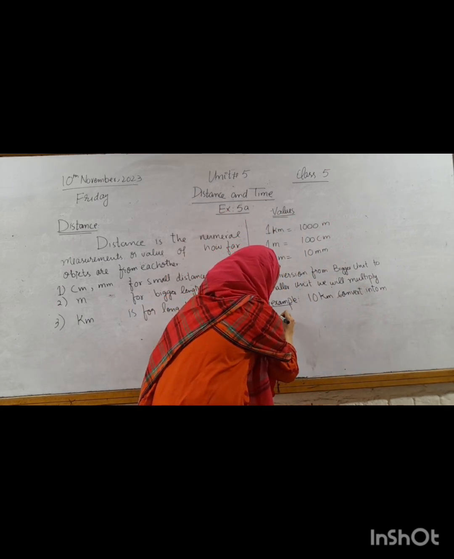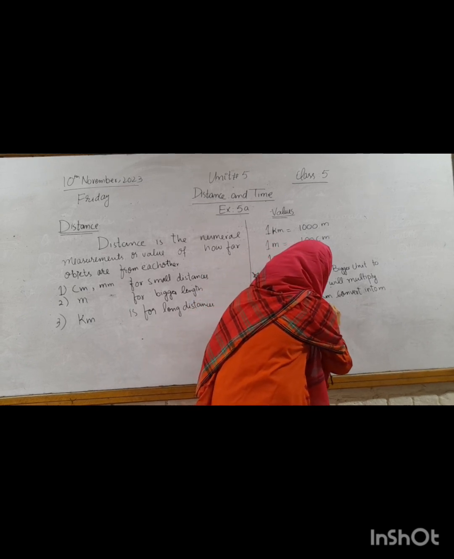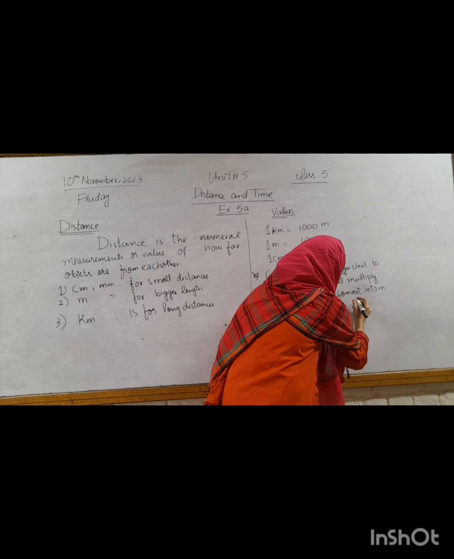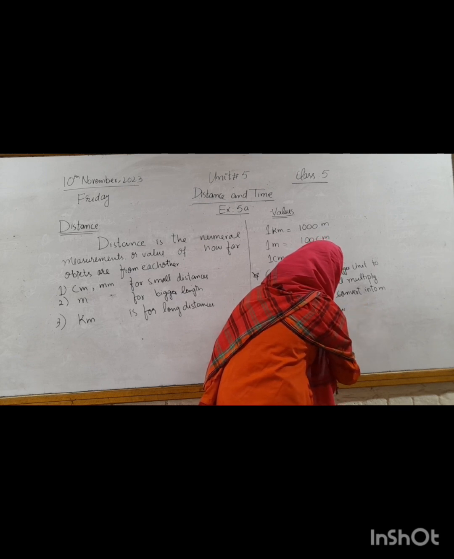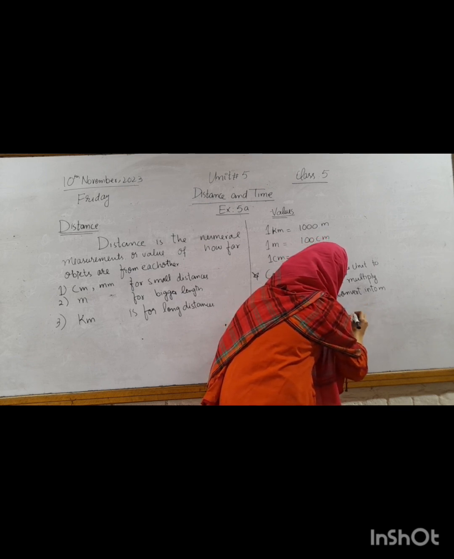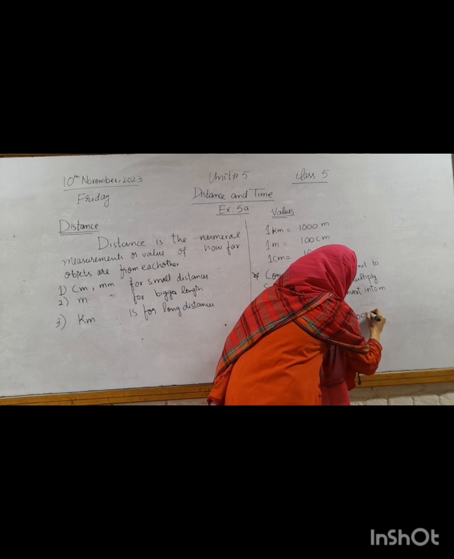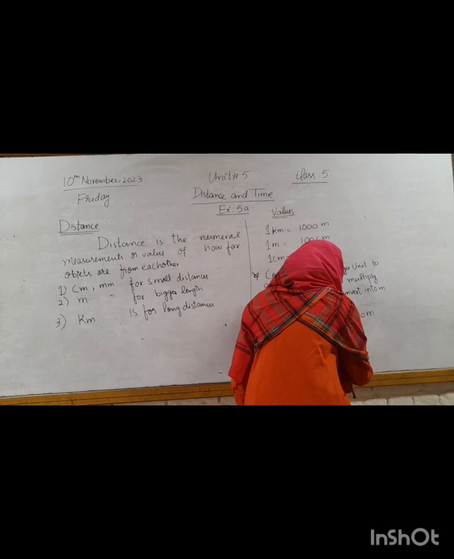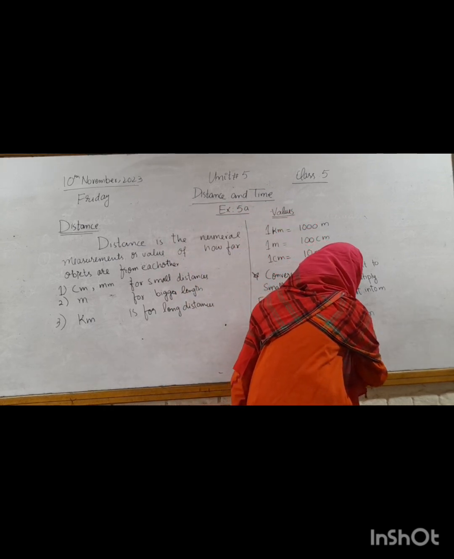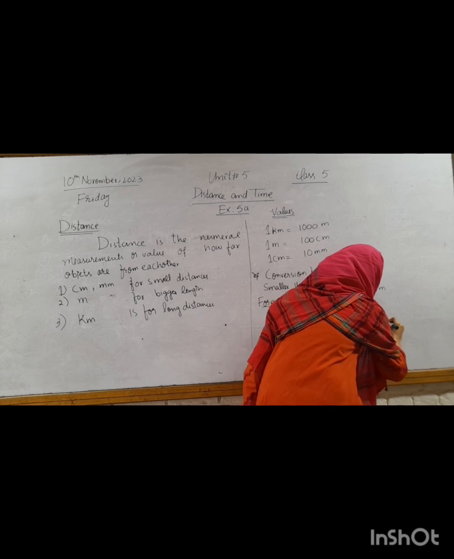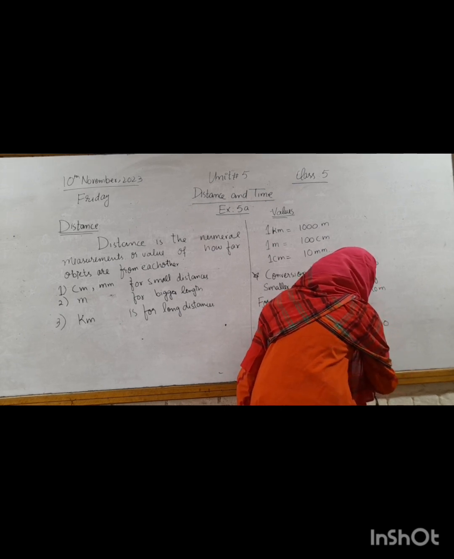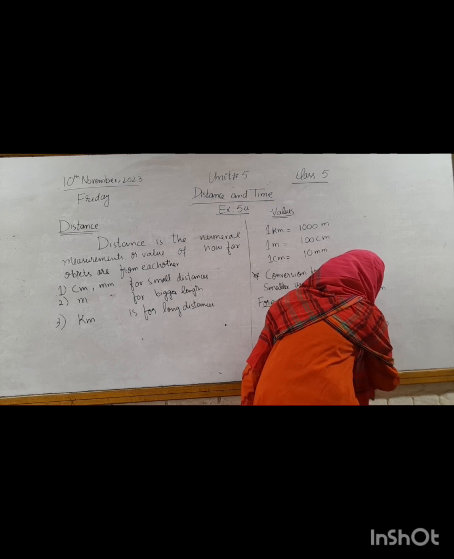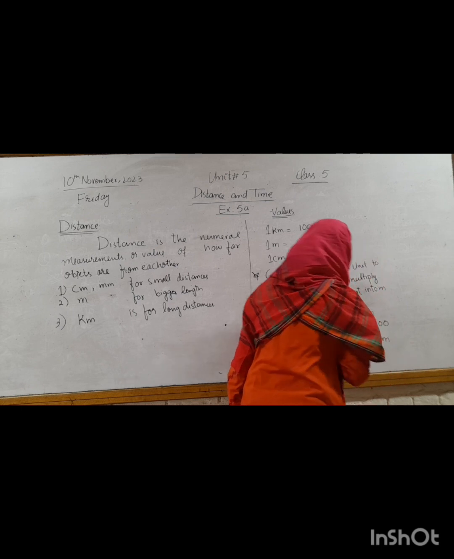As we know, 1 kilometer is equal to 1000 meter. So if we convert 10 kilometer into meter, 10 kilometer is equal to 10 multiplied by 1000. So we have 10,000 meter.